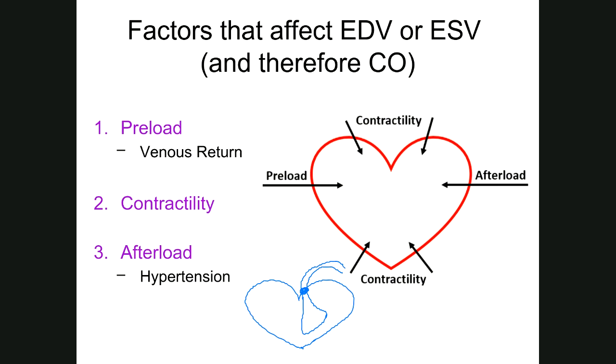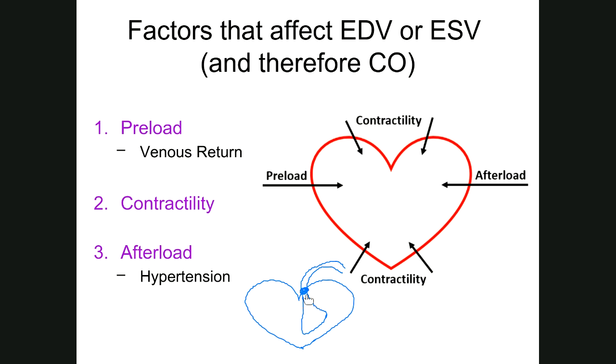It's pressure that the heart has to overcome in order to move blood from the left ventricle into the aorta. One thing that you should know about blood is it always moves from an area of higher pressure to an area of lower pressure. So if we want the blood in the left ventricle to move up into the aorta, we've got to generate a higher pressure in the left ventricle than the pressure in the aorta.